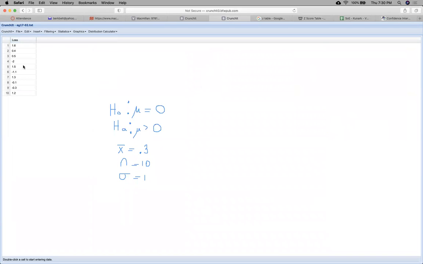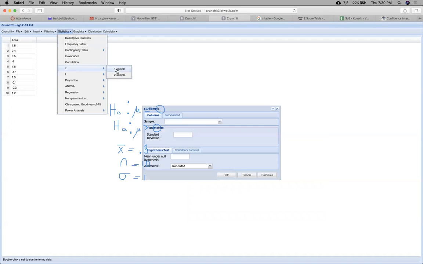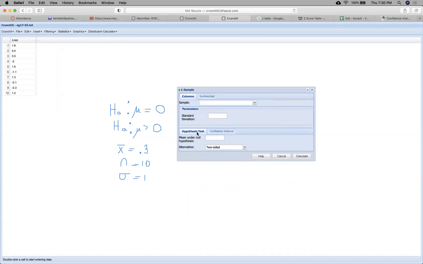So Crunch It gave me my 10 values right here. I'm going to go Statistics, Z, 1 sample. We have hypothesis test. What is the mean under the null hypothesis? What is the mean under the null hypothesis? 0.